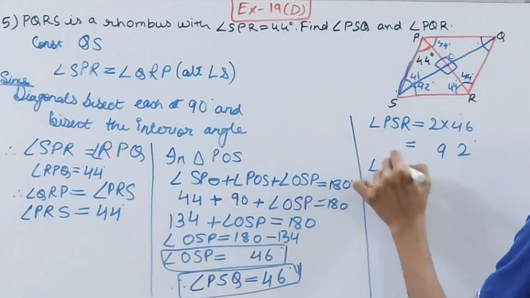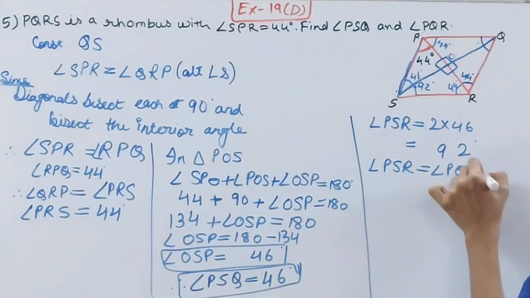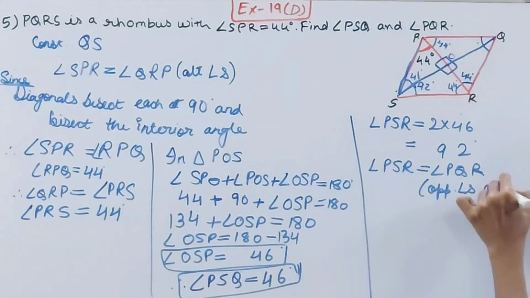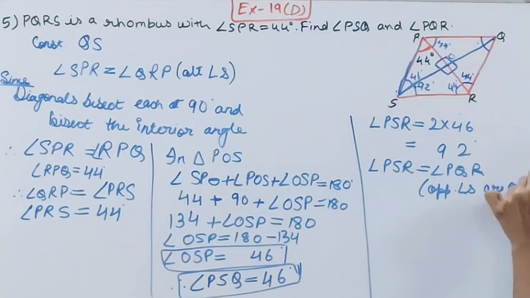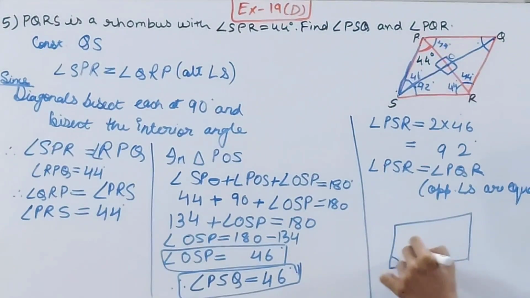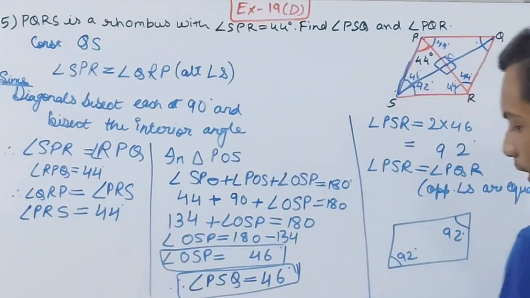Angle PSR will be equal to angle PQR, yes, because in a rhombus opposite angles are equal. I know this is 92 degrees, so this will also be 92 degrees.